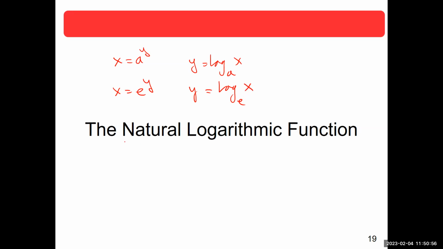That's called the natural logarithmic function. Same thing, all we did was take the a and put an e. Same principle, same graph, same theory. There is nothing new. The only thing new is the name.